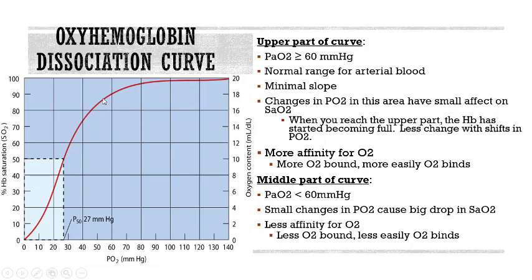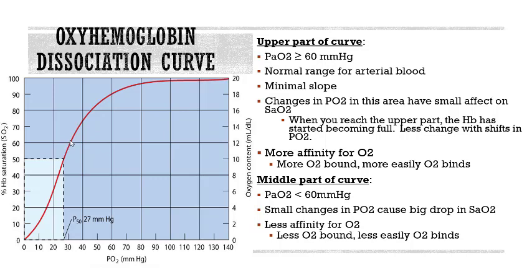Whereas if you come to this side of the curve, if you look from 40 to, let's say, 30, that's a huge difference in saturation. It really drops. And that's because in the same way that the more oxygen it has, the more oxygen it wants, when less oxygen is available and less oxygen is bound to the hemoglobin, it makes it harder for that oxygen to bind because it tightens the configuration of that hemoglobin.